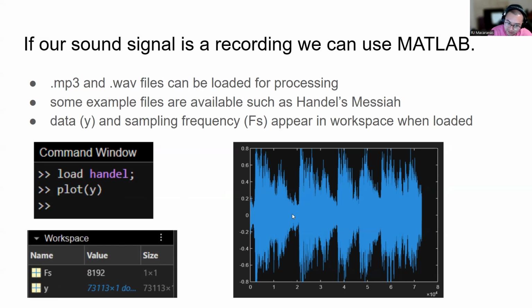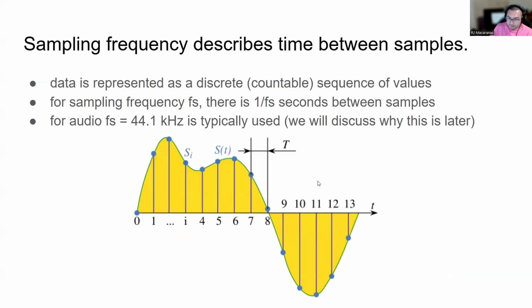So we can plot what that looks like. This is what y looks like, and these are just variations in air pressure as a function of time, effectively. One of the things loaded into the workspace was the sampling frequency, Fs, which represents how much time has elapsed between samples.